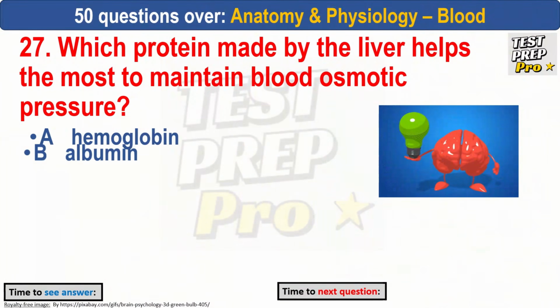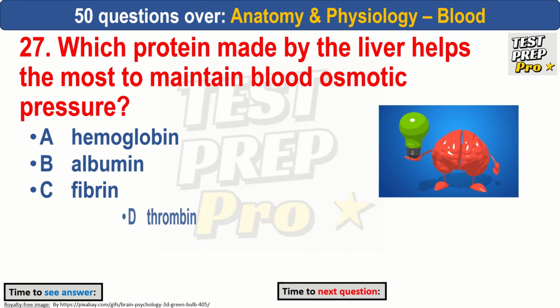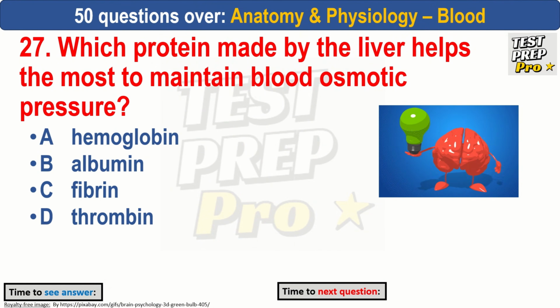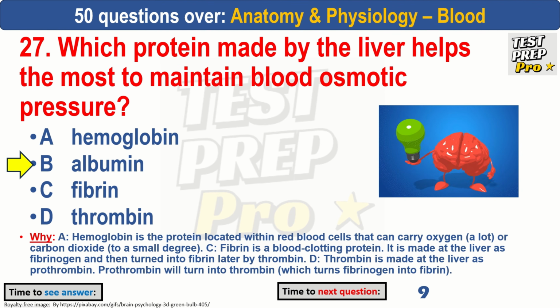Which protein made by the liver helps the most to maintain blood osmotic pressure? Is it A, hemoglobin, B, albumin, C, fibrin, or D, thrombin? Which one helps the most at keeping water in a set area? It's going to be albumin. With albumin, the little ding buzzer thing didn't go off at that time.